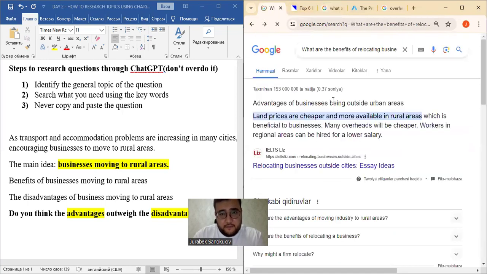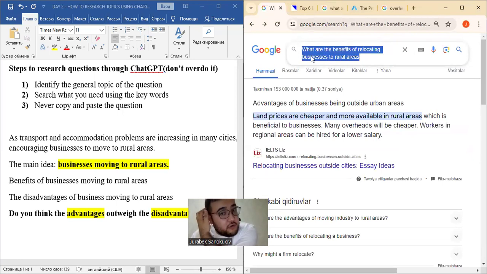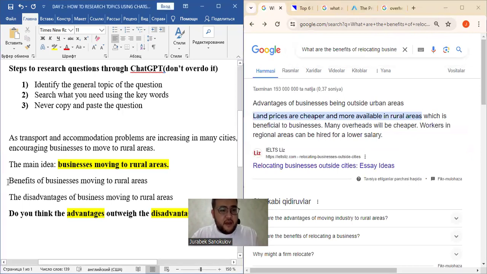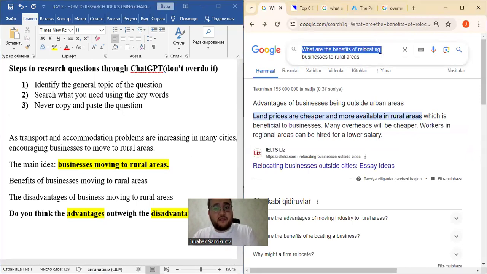Now let me explain. So here, if you look at my search bar, I searched the keywords using this, benefits of businesses moving to rural areas. So I said, what are the benefits of relocating businesses to rural areas? So I use this. Now let's see what appears on Google.